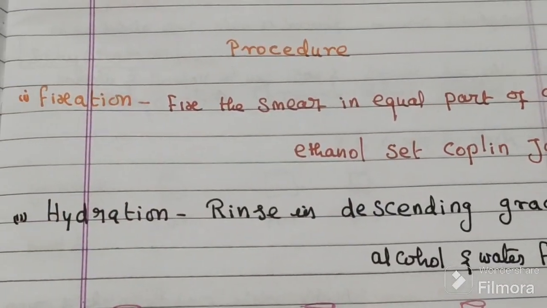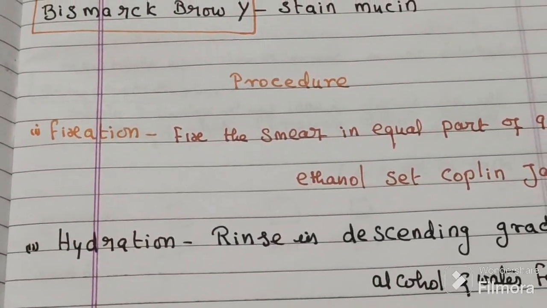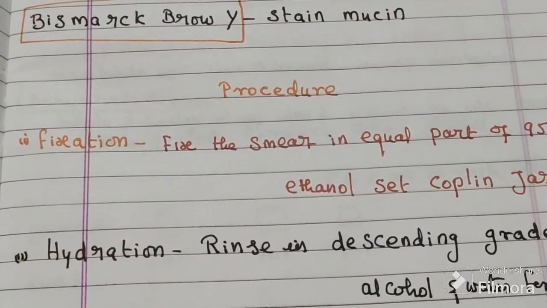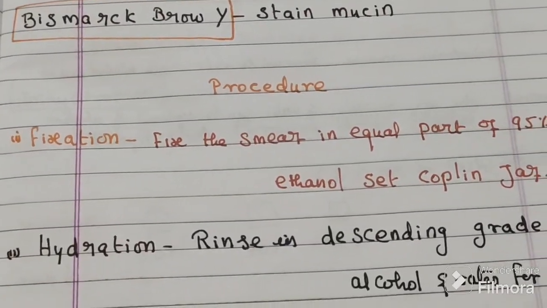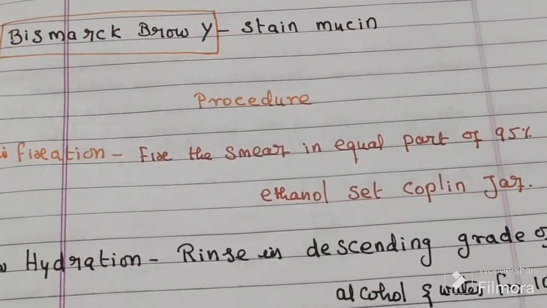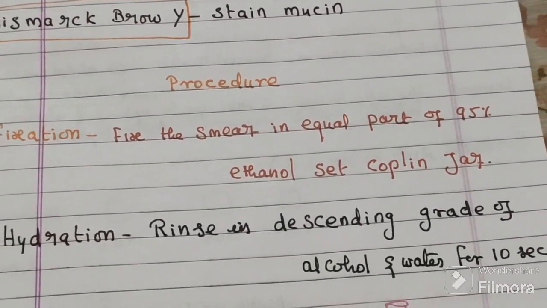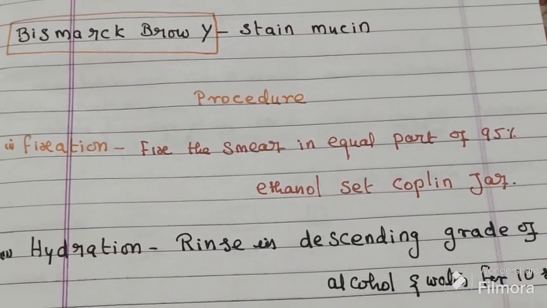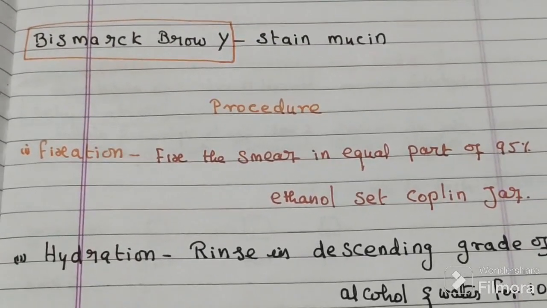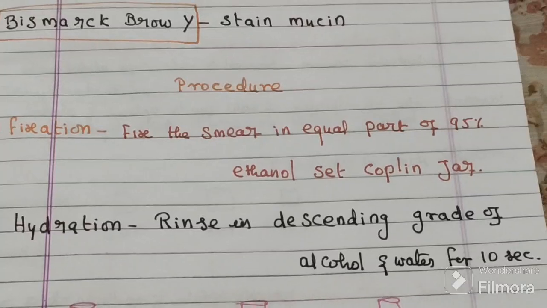Next is the procedure. The fixative used for PAP smear is 95% ethanol.